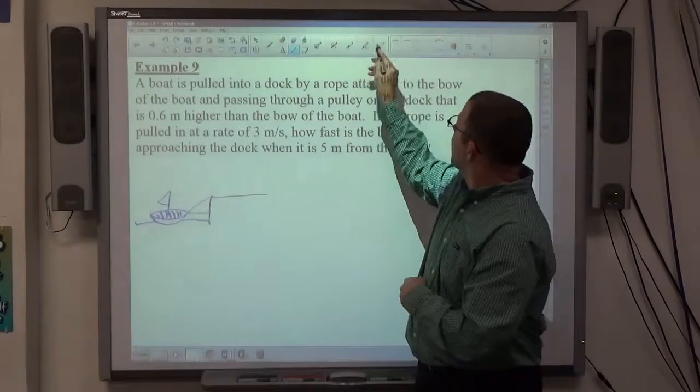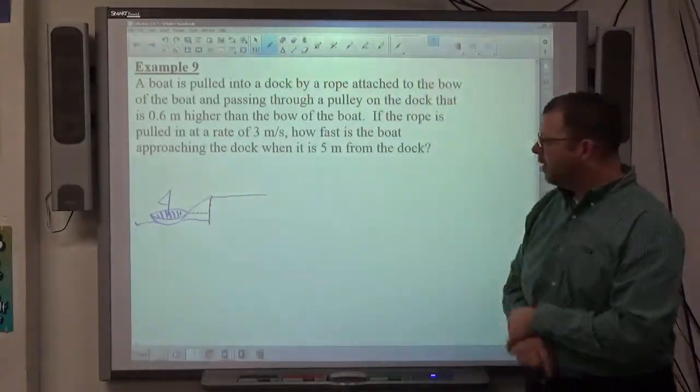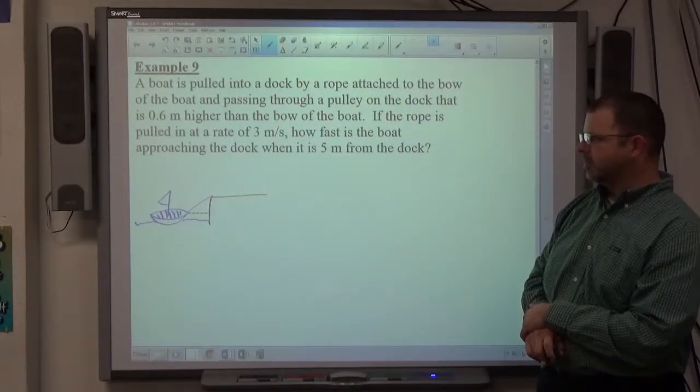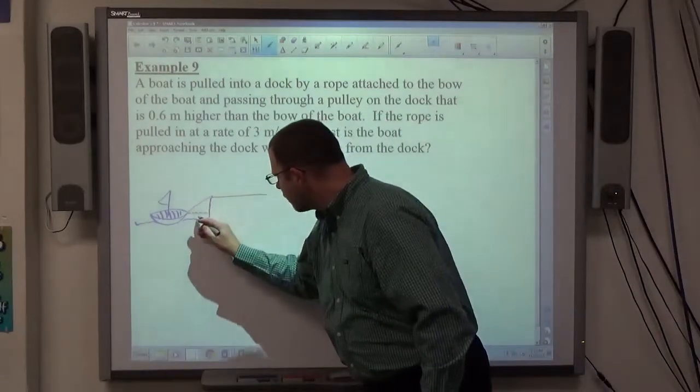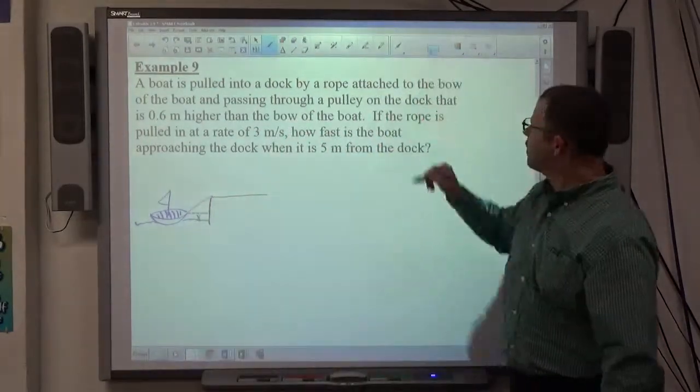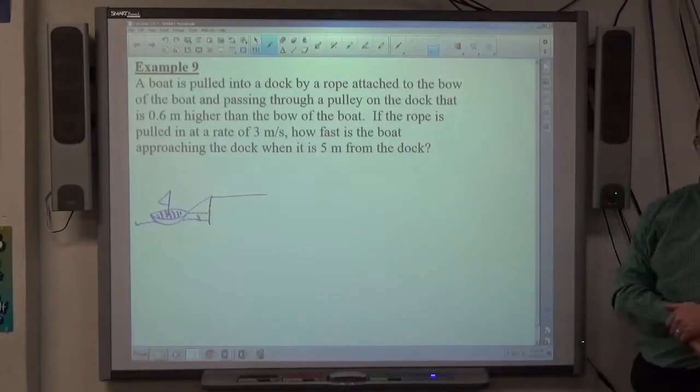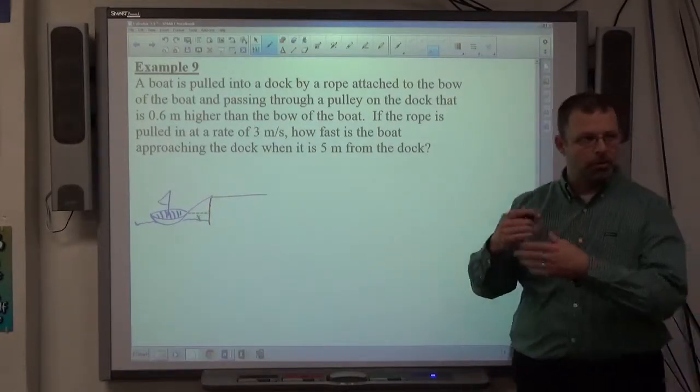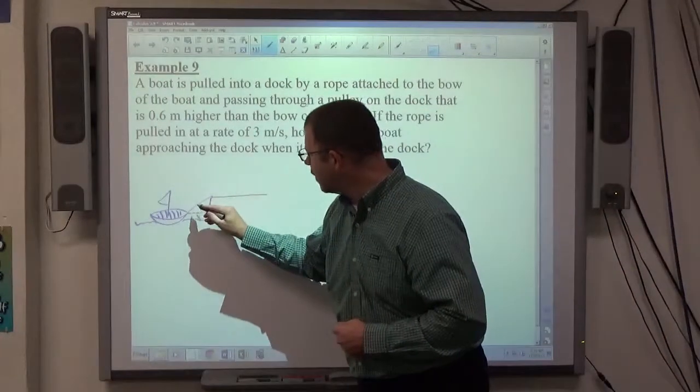Looking at this picture, is the green dimension changing? Yes, so I'm going to call that X. Is the magenta dimension changing? Yes, the rope's being pulled in, so it's getting shorter, right? So let's call this R for rope.